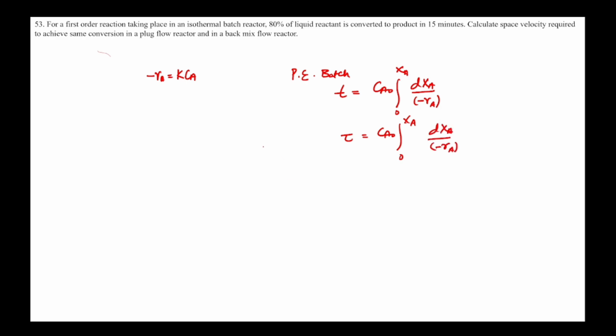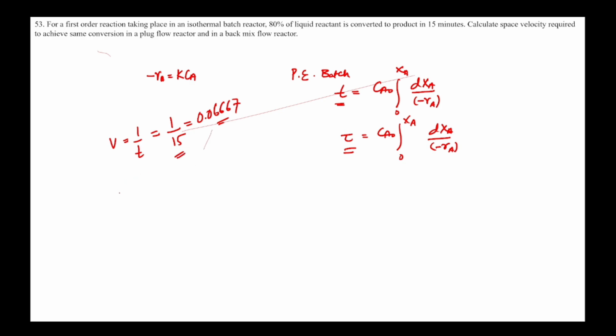So whatever the time for the batch reactor, it will be equal for the plug flow reactor. It asks for the space velocity, which is the inverse of the space time. For the plug flow reactor it is 15 minutes, so this gives 0.0666, if I'm not wrong. Just check it.